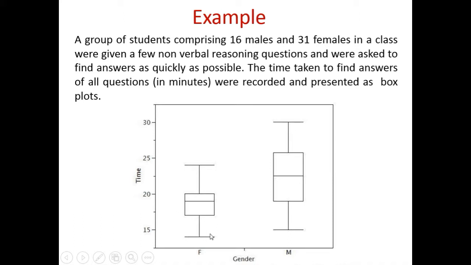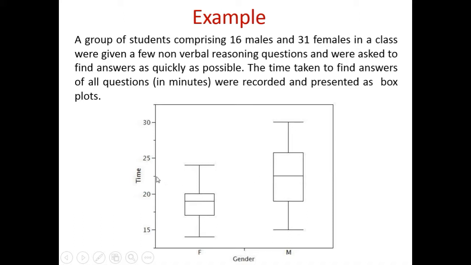As you can interpret it, this middle line shows the 50% point for females, how much time they took. We can clearly see that is somewhere around, let's say, 18. And if you look at the male students, how much time did they take?